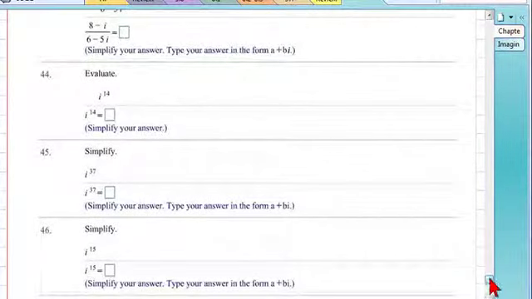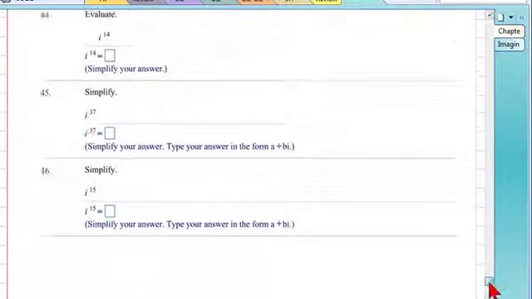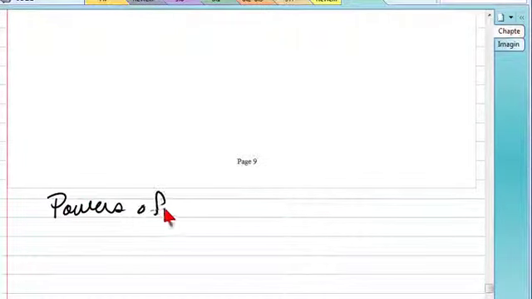There are 3 questions that say, what is i to a particular power? i to the 14th, i to the 37th, i to the 15th. So I want to have a little discussion about that. I want to talk about the powers of i.